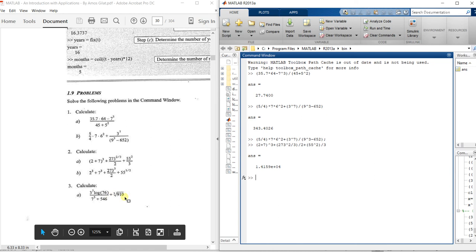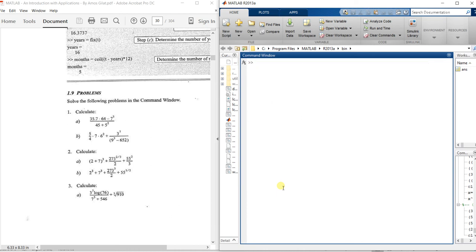Now we are going to see how to solve it. We clear this window using the clc command. Now we see how to write it. First, within the bracket we take the numerator term: 3 to the power 7 multiplied, using the star symbol, with log of 76.